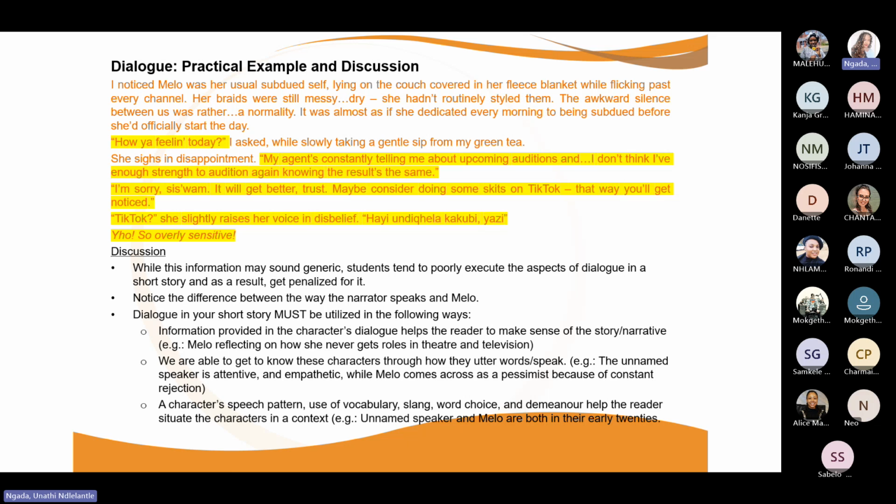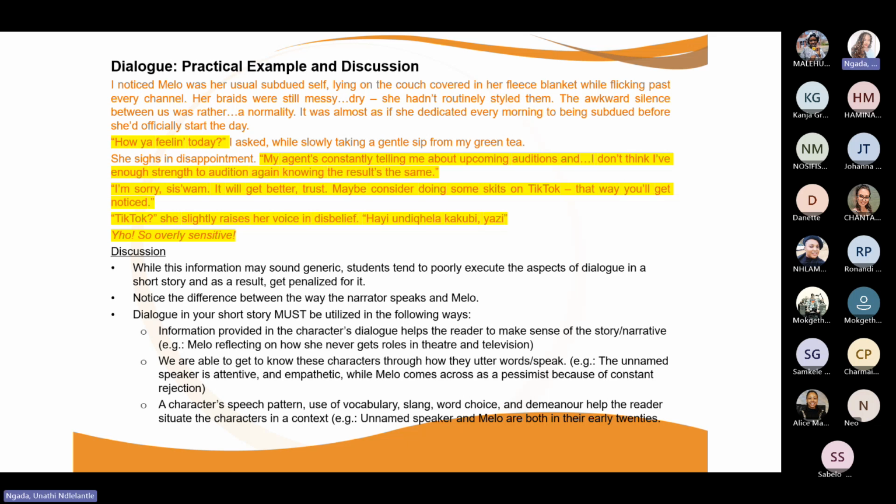So information, right? The information that you provide in the character's dialogue helps your reader make sense of the story. For example, Melo here is reflecting on how she never gets roles for television.